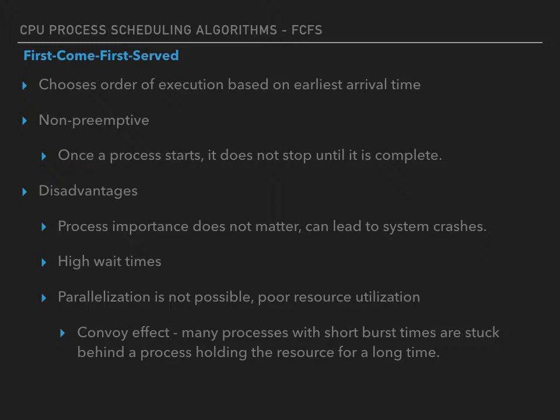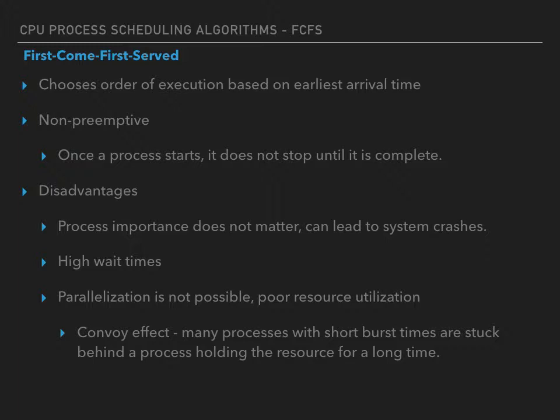Some disadvantages of first come, first serve is that process importance doesn't matter. If a smaller process of less importance is working for a long time, there might be a system crash, and a more important process behind it might never get executed.